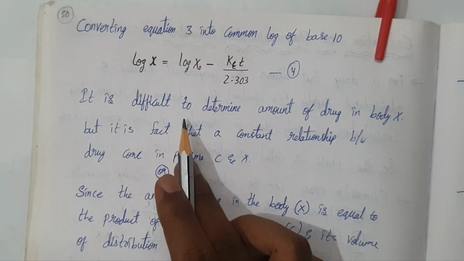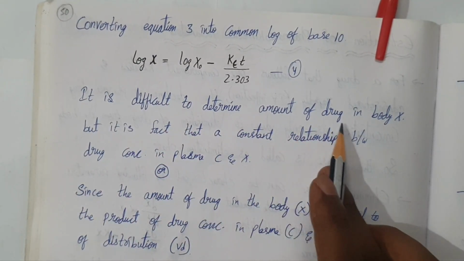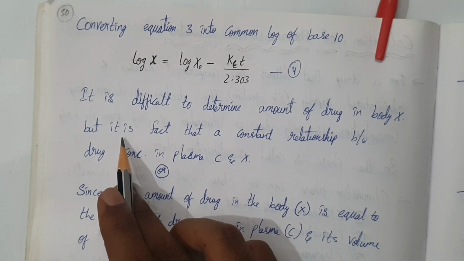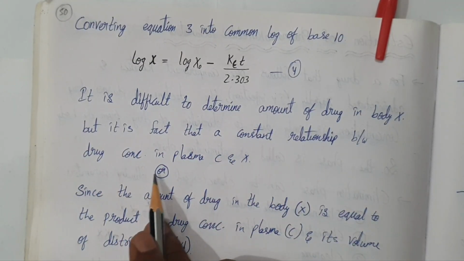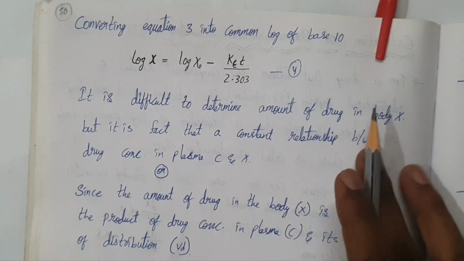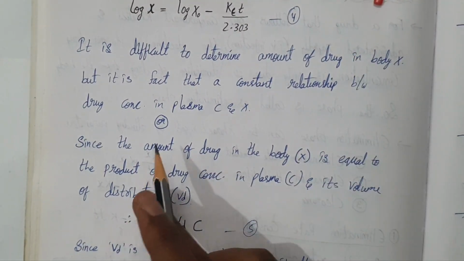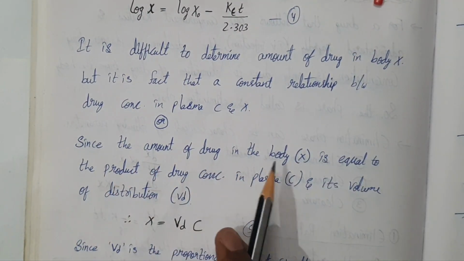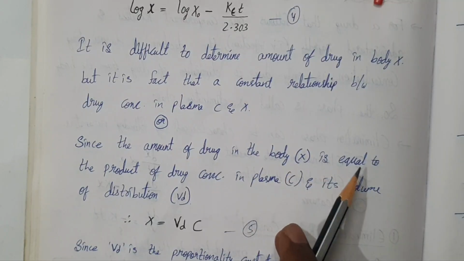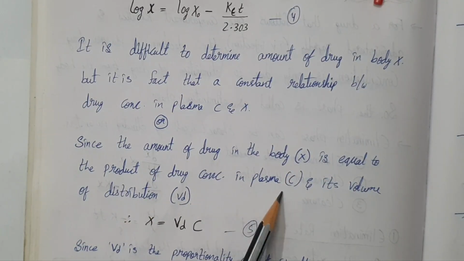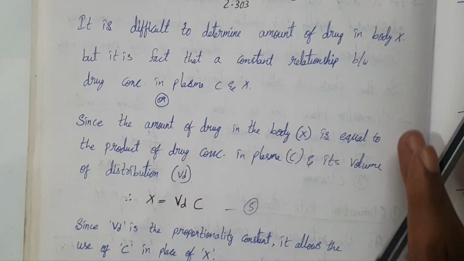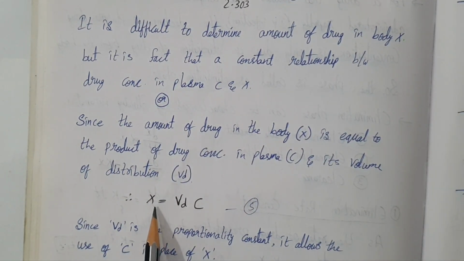It is difficult to determine the amount of drug in body X, but it is a fact that a constant relationship exists between drug concentration in plasma C and X, since the amount of drug in the body X equals the product of drug concentration in plasma C and its volume of distribution.